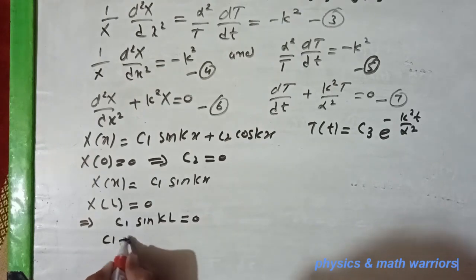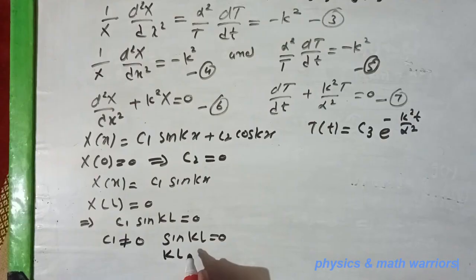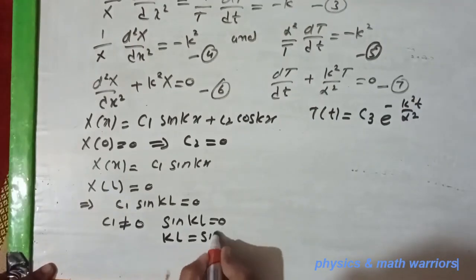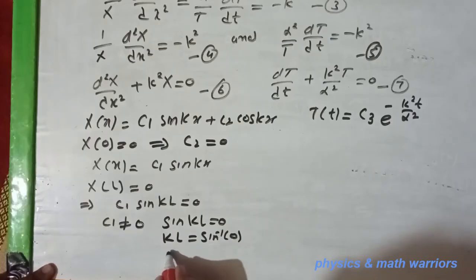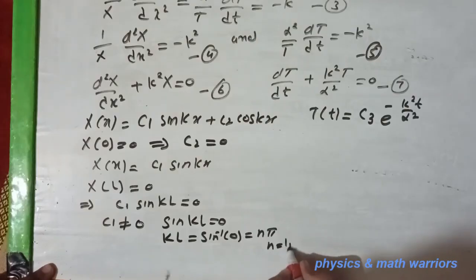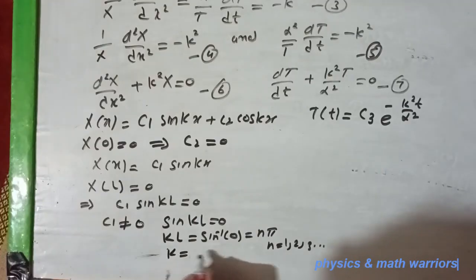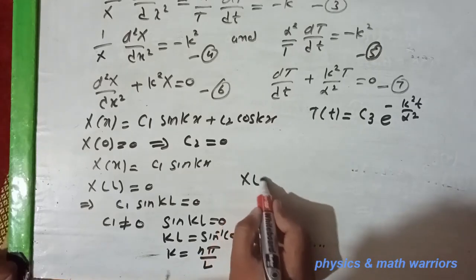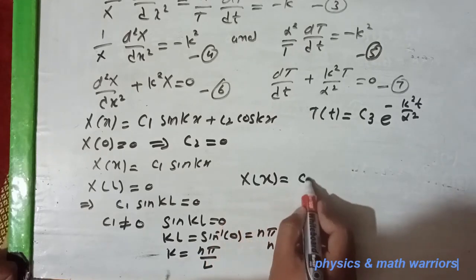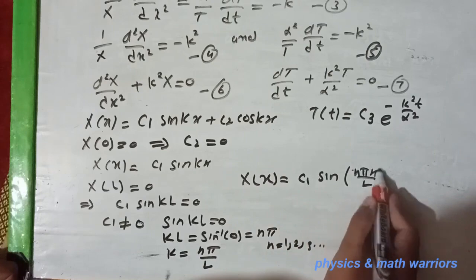Since C1 is not equal to 0, sin KL is equal to 0, and KL is equal to sin inverse 0, which is equal to n pi, and n is equal to 1, 2, 3, and so on. So k is equal to n pi over L. So X of x is equal to C1 sin n pi x over L.